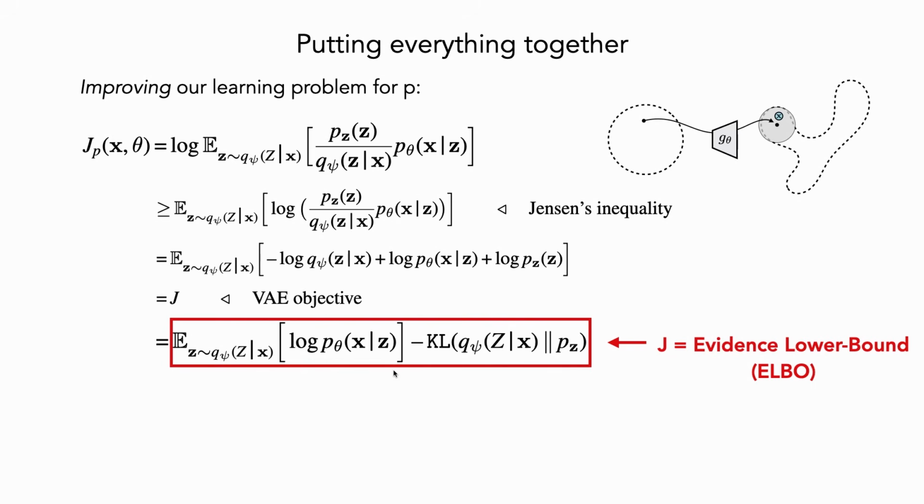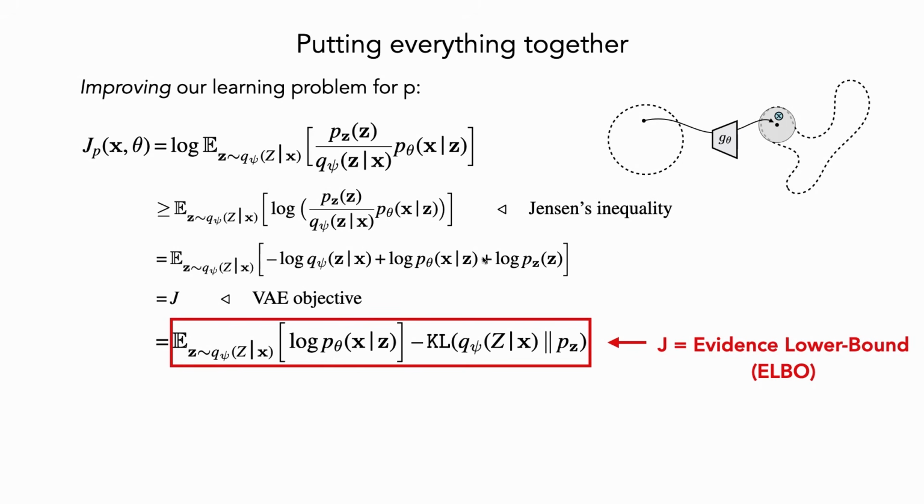You'll come across this term if you're working with VAEs or other types of what we call variational inference. It's a lower bound to the thing we actually care about, which is the likelihood of the data under the model, and it's a lower bound due to Jensen's inequality on this line. And now we can approximate this expectation with samples, and it'll be an unbiased estimator of that value.